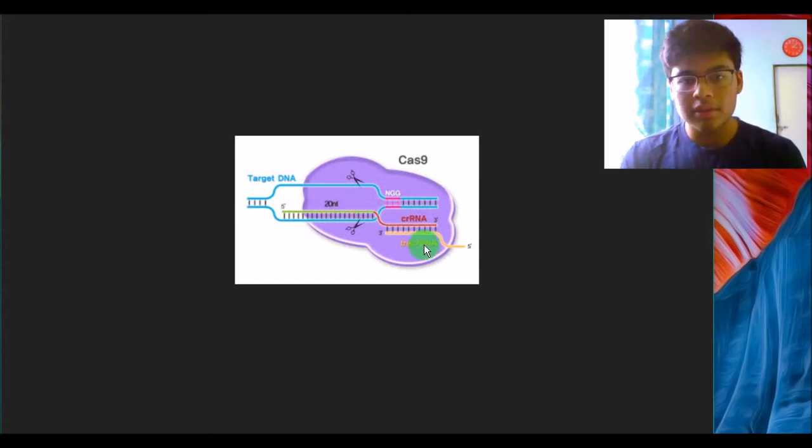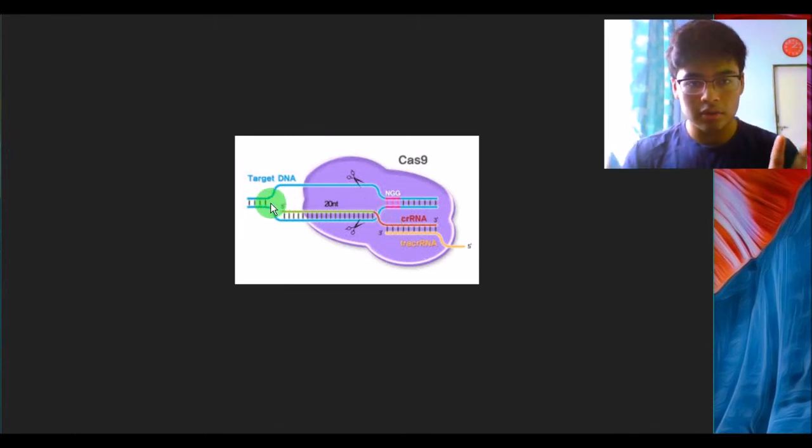For example, we send a tracer RNA which has some number of nucleotides, and that RNA will contain the information of where to cut. Once we have sent it to the Cas9 protein, the Cas9 protein will cut the target DNA which was sent by us.